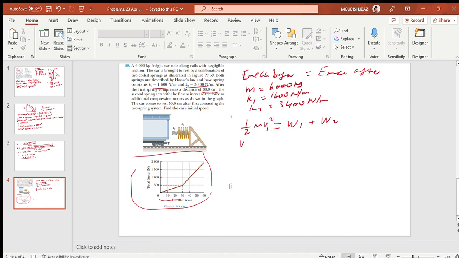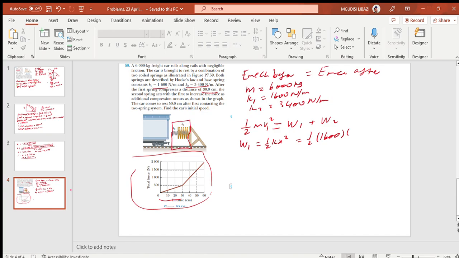We can calculate the work done by the first spring, and that work should be 1 over 2 kx squared, which is 1 over 2, and the spring constant we're given, that is 1,600, multiplied by x, and the x is actually the first spring. If we notice, it was compressed from that distance to the end there.